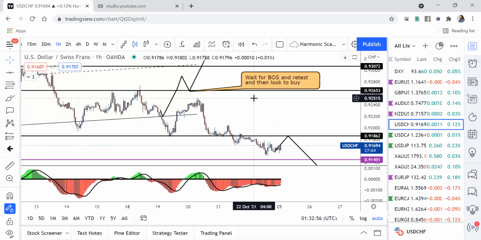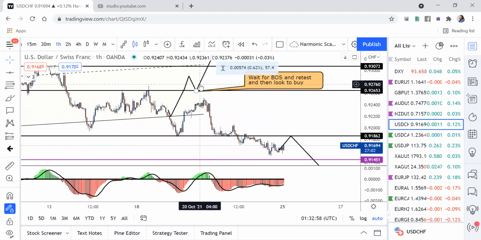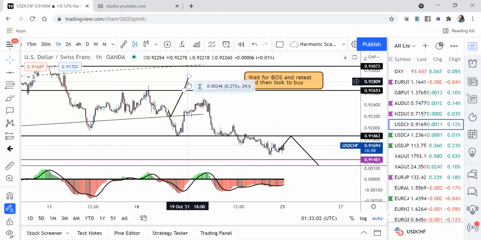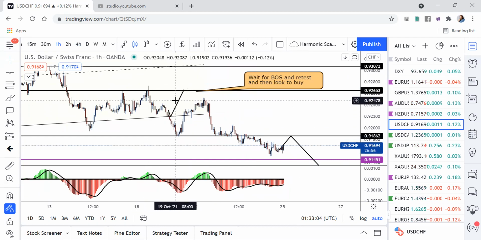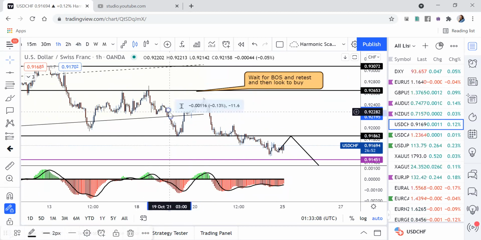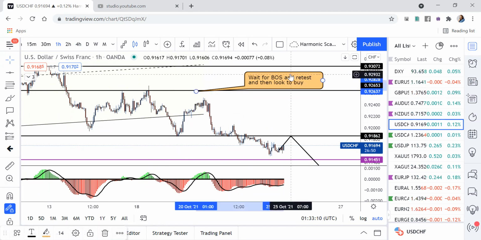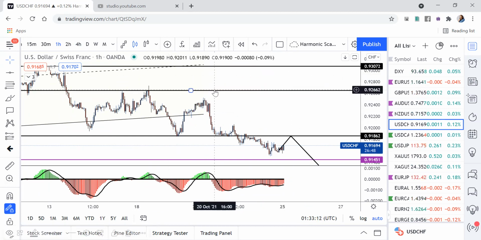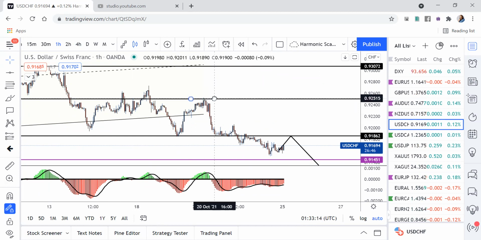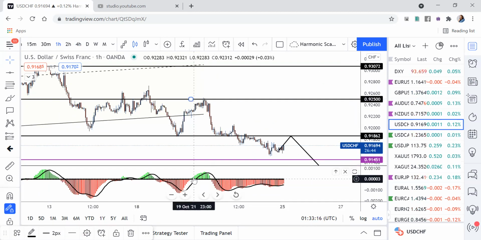Right? So now what do we have? So price never came up, never broke that 1 hour structure. So that did not play out. But what do we have now? We have a new 1 hour high, which is here.